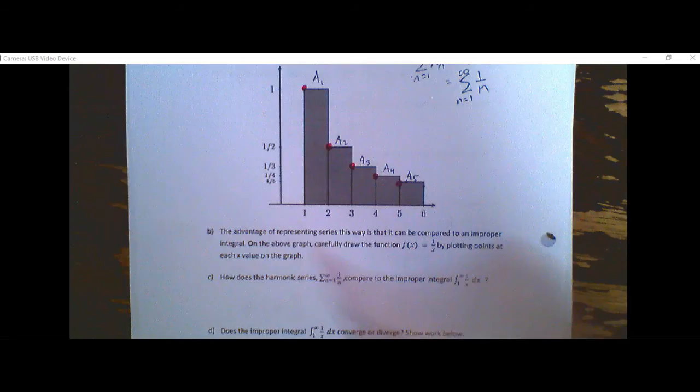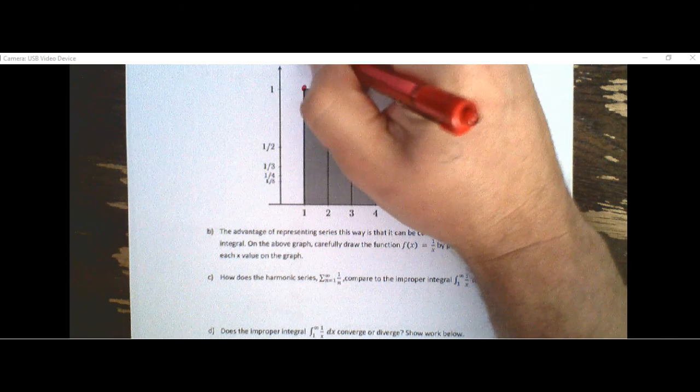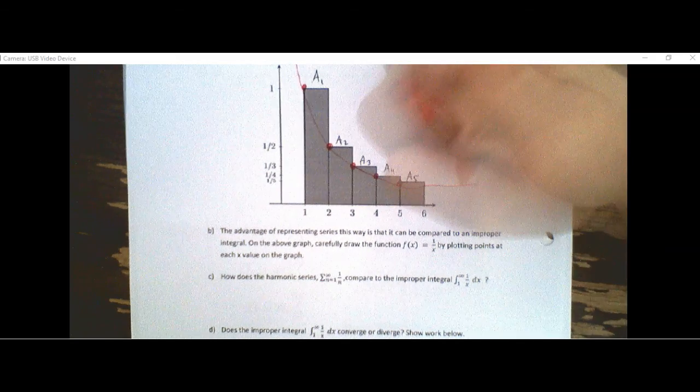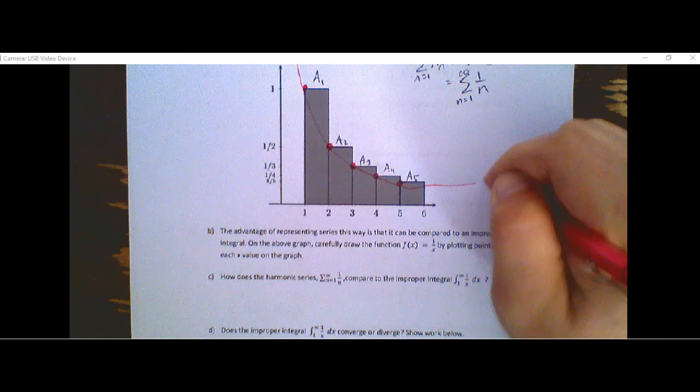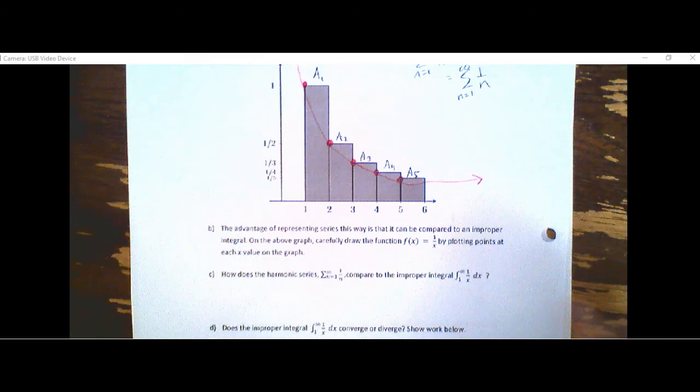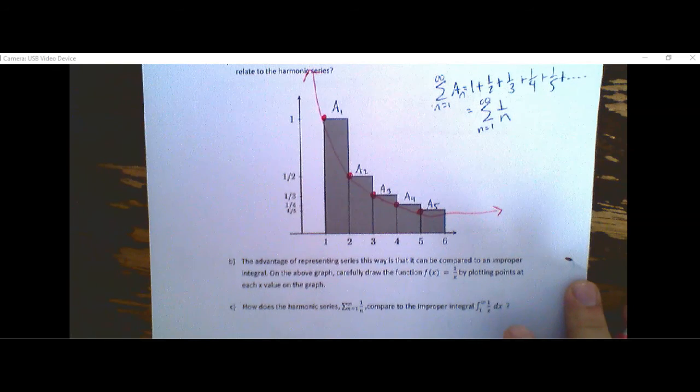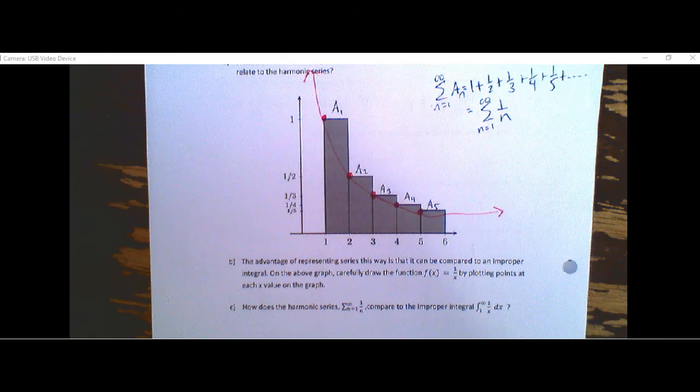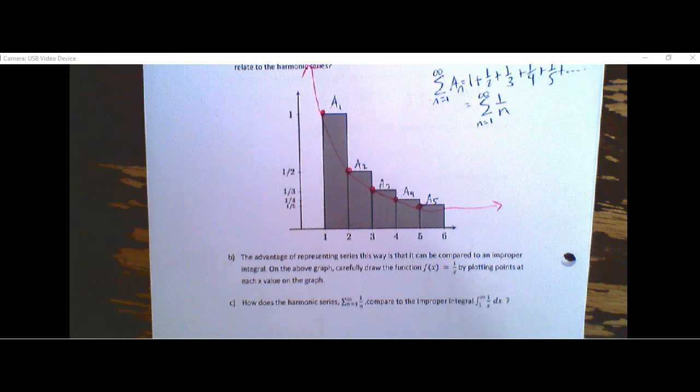So if we draw a curve through those points, something like that, we can see the integral, right? Or we can start to work with an integral here. So how does the harmonic series compare to the improper integral, the integral from 1 to infinity of 1 over x dx?